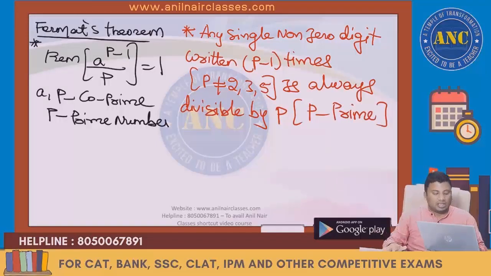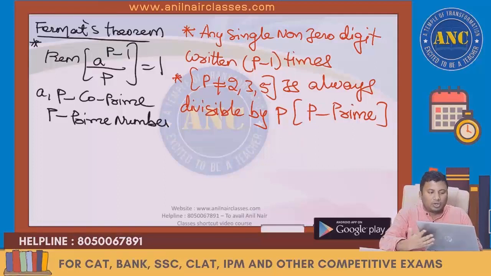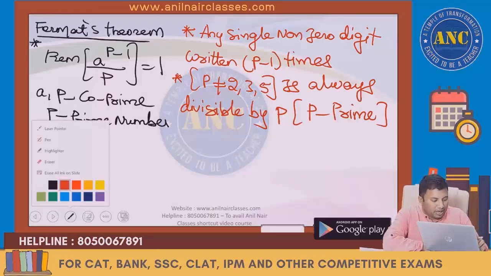You take any single non-zero digit. If a single non-zero digit is written p minus 1 times, and p is not equivalent to 2, 3 and 5, it is always divisible by p if p is a prime number.